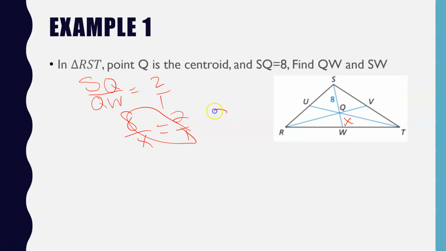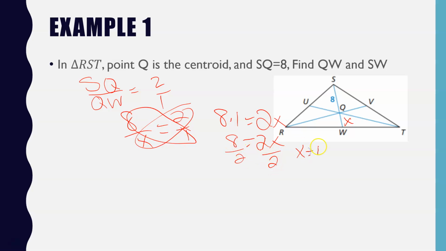I cross multiply, so I have 8 times 1 equals, and then over here I have 2 times X. 8 times 1 is 8. 2x, divide both sides by 2, and I get x equals 4. So that is QW equals 4. And then SW is the entire length of these. So if this is 4, 8 plus 4 is 12.